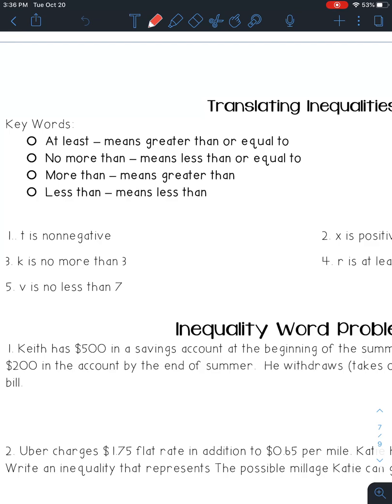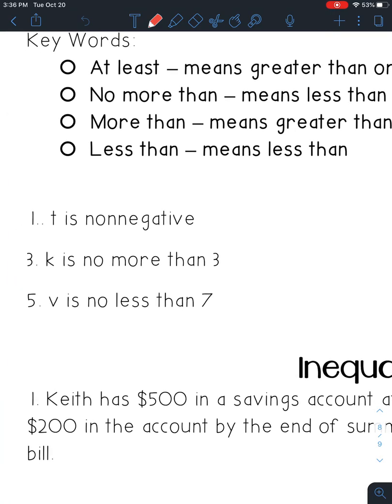All right, so let's look at just some very, very basic ones. No words, just translating. T is non-negative. Non-negative means that it is positive. 0 and greater are positive, so that would mean T is greater than or equal to 0.